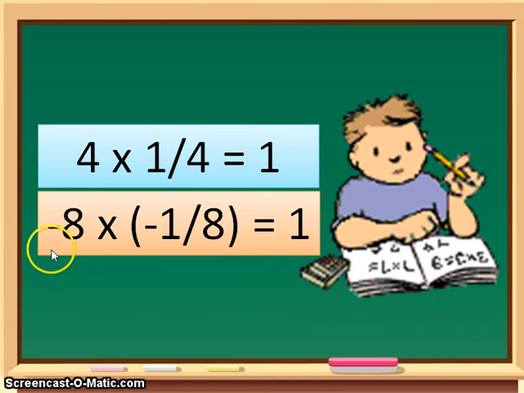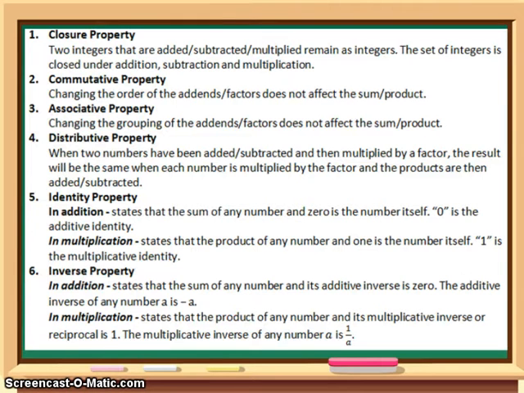Same thing with negative 8, the multiplicative inverse or reciprocal of negative 8 is negative 1/8, and if we multiply them together we will get the product of 1. So again, these are the properties of the operations on integers.